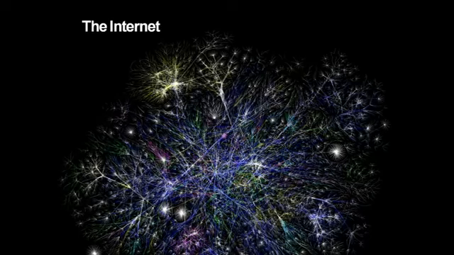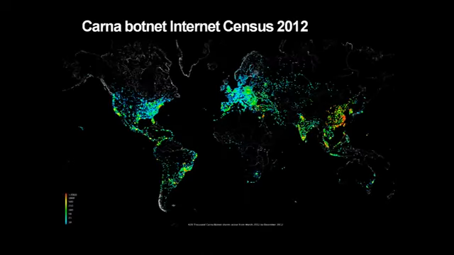Are there mountains? We need to know they were of the form of home routers and so forth, many of them. And they use these boxes to do probing of the rest of the internet on a variety of really interesting ports. This is a map of the hosts that were compromised as part of the Carna botnet to do this study.